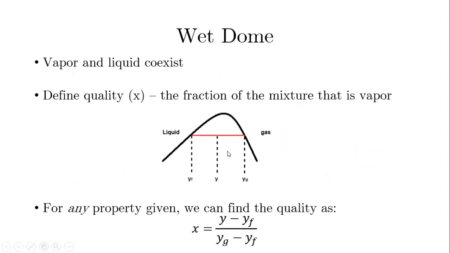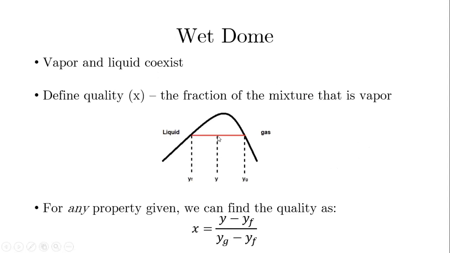And so we've developed this thing called the quality, which we will denote with the letter x. If I have some random property y, and I want to know what percent of it is liquid and what percent is gas, I can use this relation.